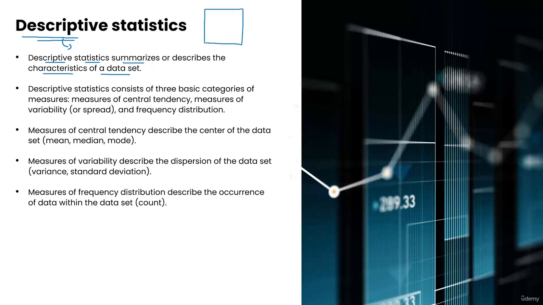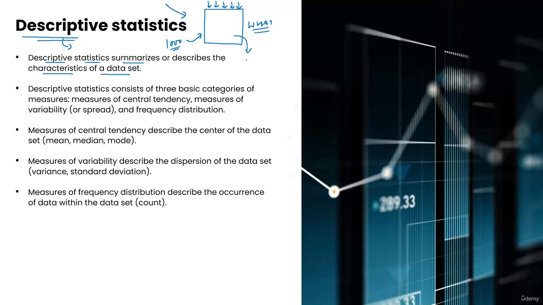Imagine you have a data set and that could be customer related data. Let's say you have 1,000 customers' information here. You have age, salary, gender, etc. So many features. The what part is basically nothing but the descriptive statistics. That means what is the data telling you?